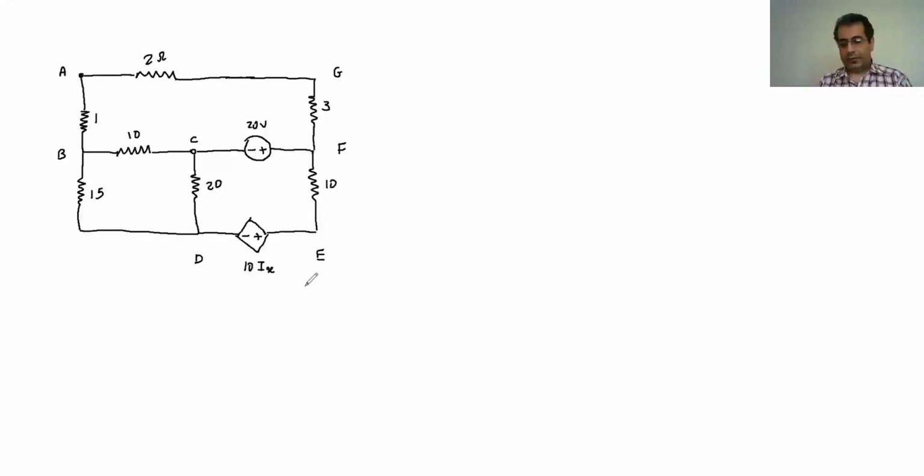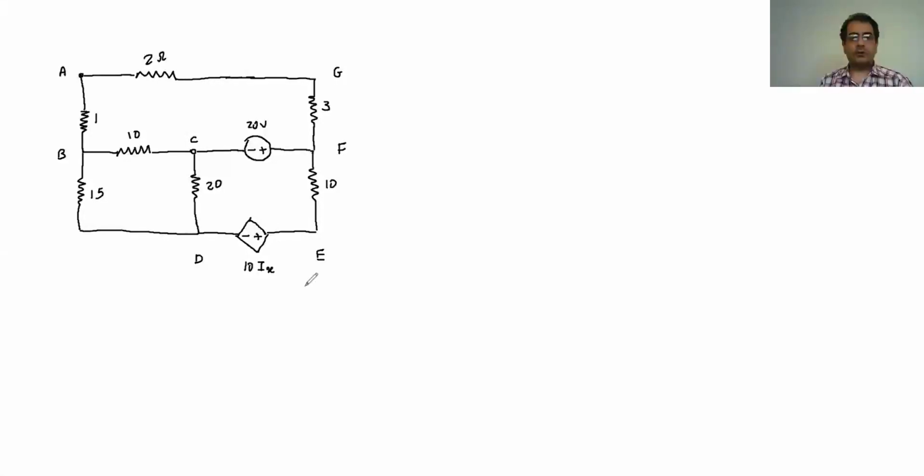And remember, when we have the battery, usually as I said, there are two ways that we handle that. First, we are going to put the reference node at one end of the battery, and the voltage at the other end is going to be known, and it's going to be equal to the battery. If it's connected to positive side of the battery, it's going to be positive. If it's going to be connected to negative side of the battery, it's going to be negative.